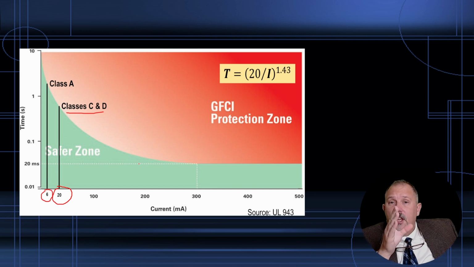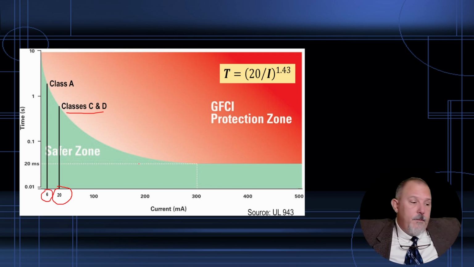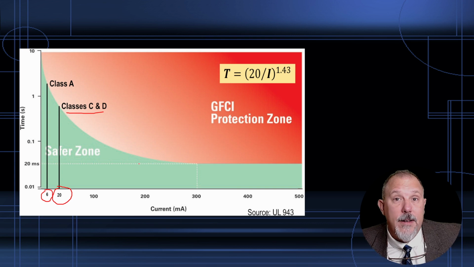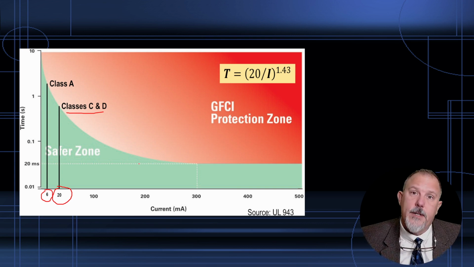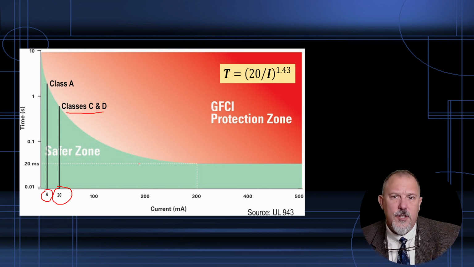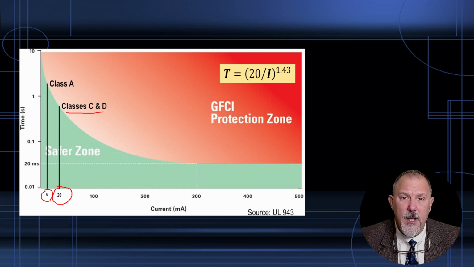In many cases we pay attention to the equipment grounding conductor, the size of the equipment grounding conductor, the impedance of the equipment grounding conductor. There might be special provisions and requirements on the installation, so you always have to follow the manufacturer's instructions. But also remember, if it's in 210.8, it's a Class A device.